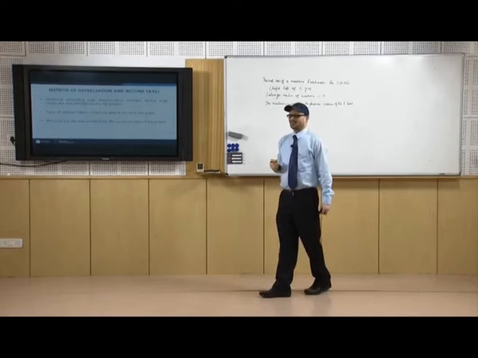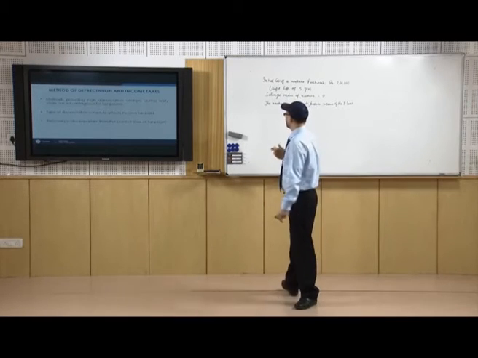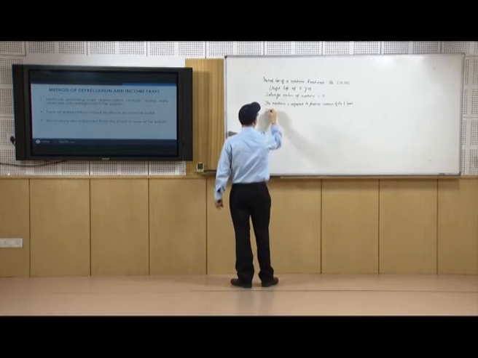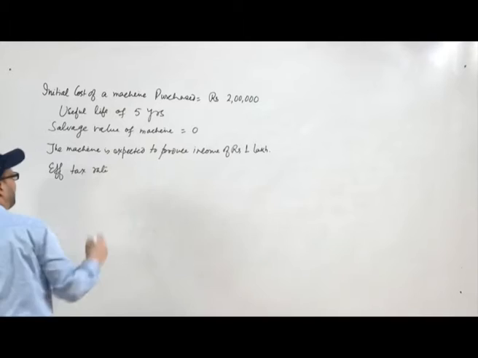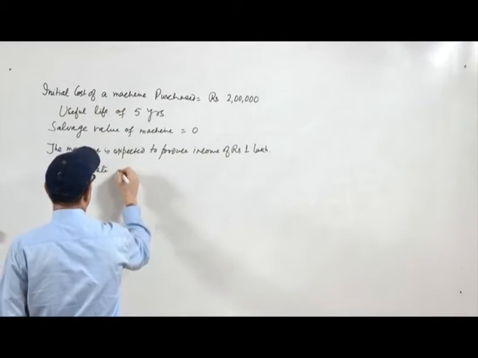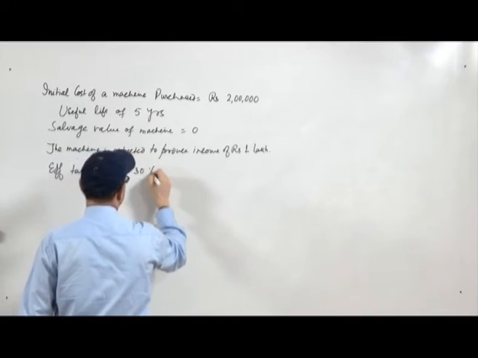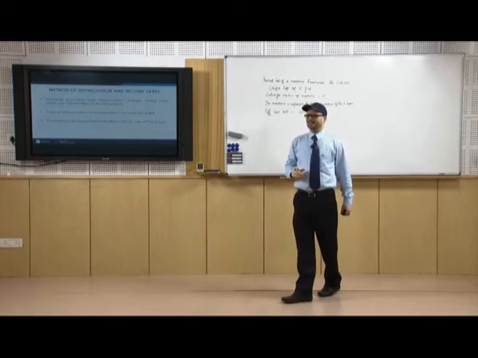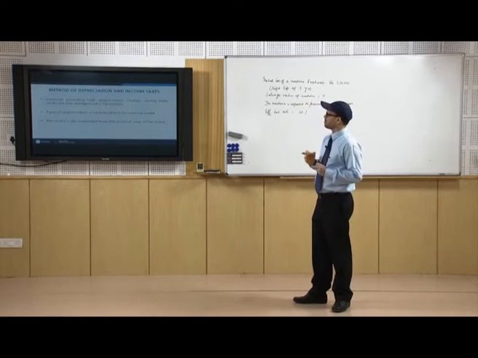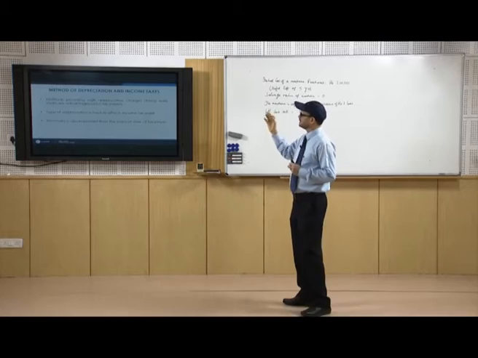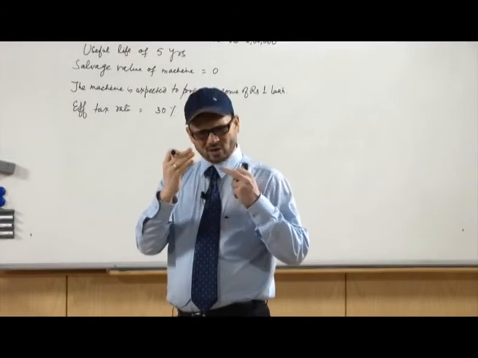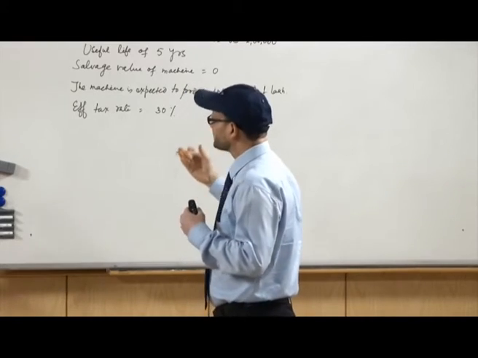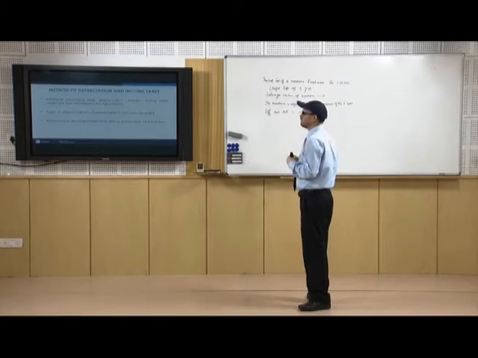Now, the effective tax rate for income tax calculation for the life of the machine will be taken as 30%. In that case we have to see how the depreciation schedule which is adopted affects the tax amount to be paid.